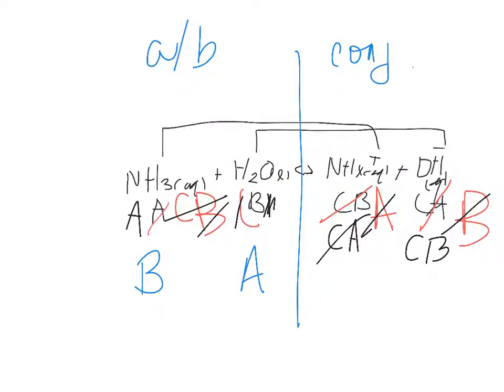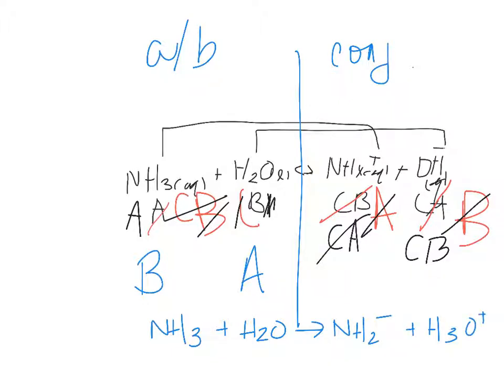You could have NH2 minus. It's not very likely. That's what you would get if NH3 was acting as an acid, right? It would have to lose an H plus, so it would go down an H and go down a plus charge.